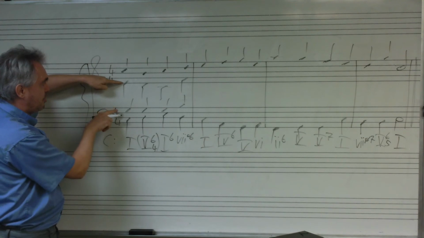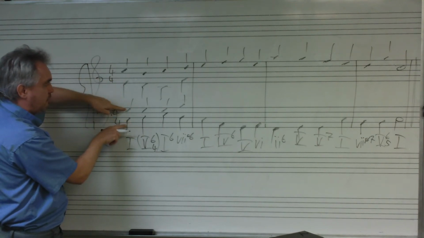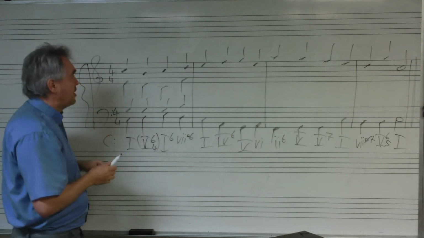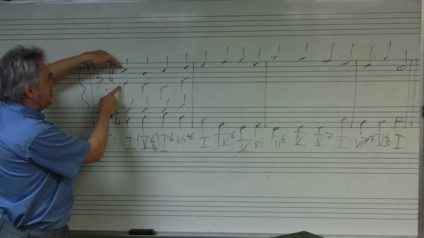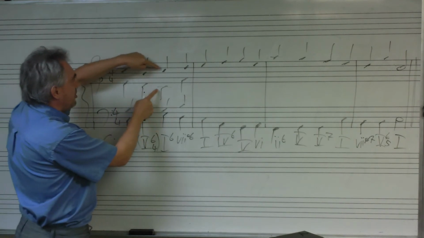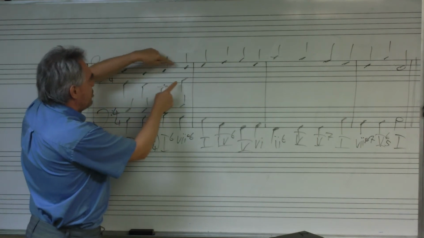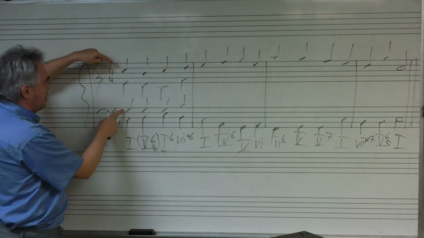I do it with the alto to the tenor, the alto to the bass, and the tenor to the bass. Those are all the voice combinations, and I always identify the interval. So here this is a sixth, going to a sixth, going to an octave, that's in contrary motion, going to a sixth. So far so good.